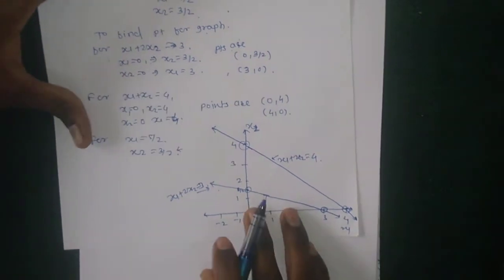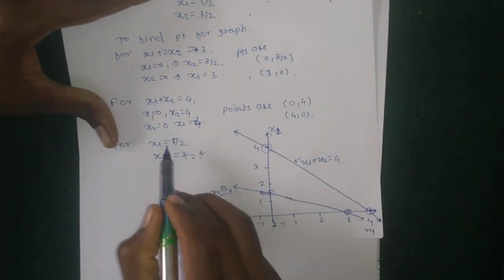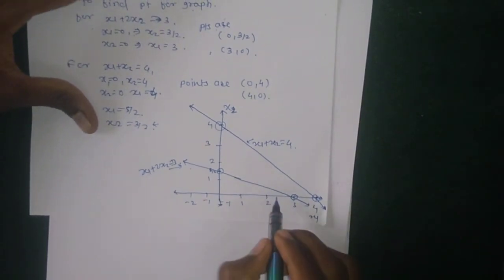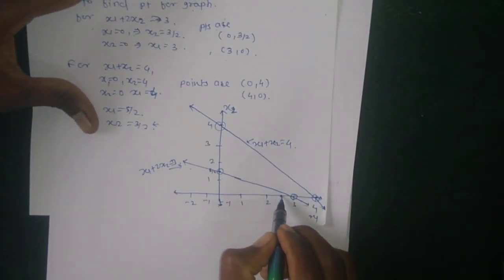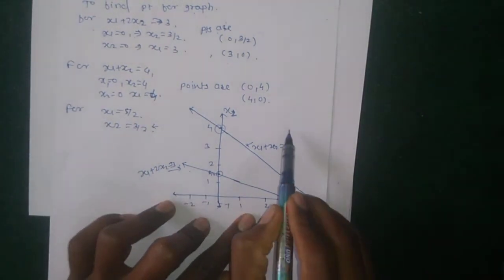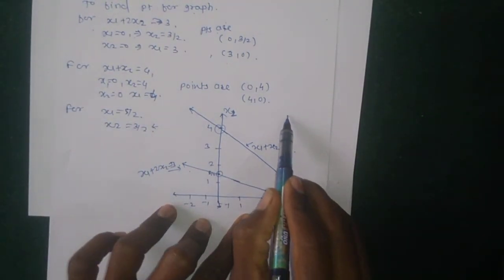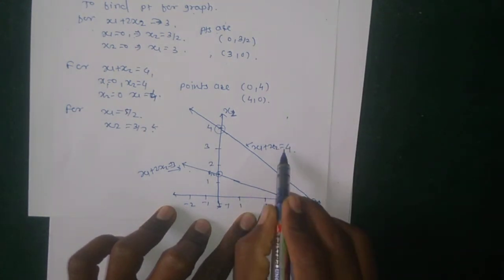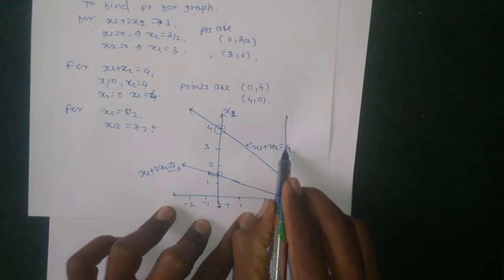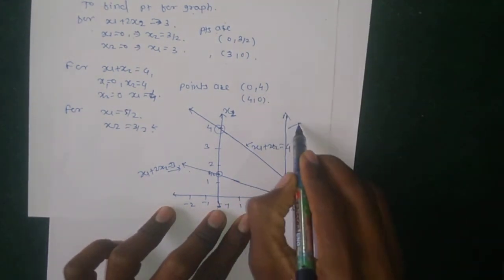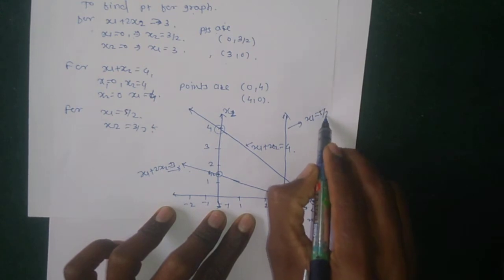Then next, x1 is equal to 5 by 2, which is parallel to the x2 axis. 5 by 2 means 2.5. Taking a parallel to the x2 axis, we get this line, x1 is equal to 5 by 2.